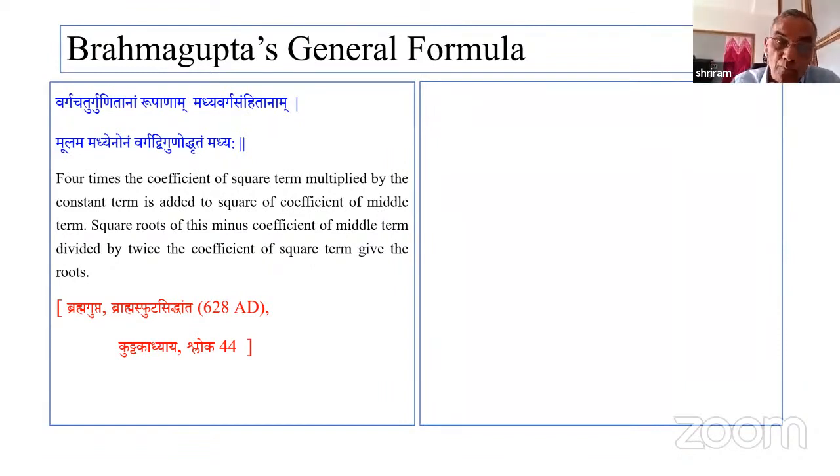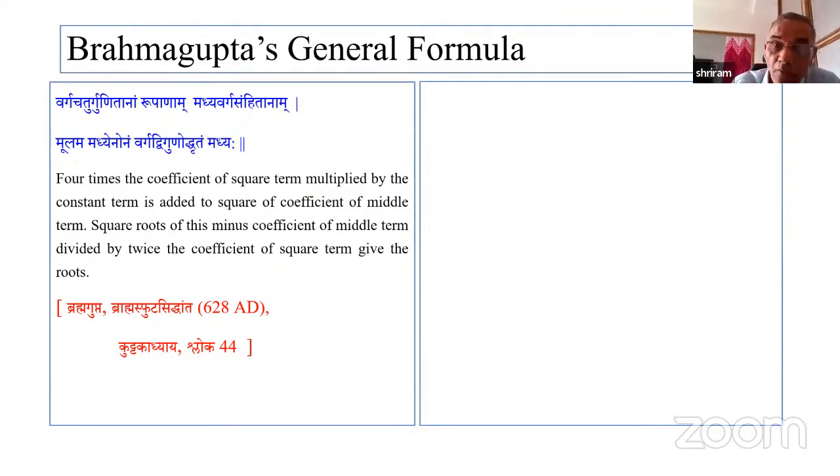What is the formula? Four times the coefficient of the square term multiplied by the constant term is added to the square of the coefficient of the middle term. Square root of this minus the coefficient of the middle term, divided by twice the coefficient of the square term, gives the roots. That is what the translation goes.